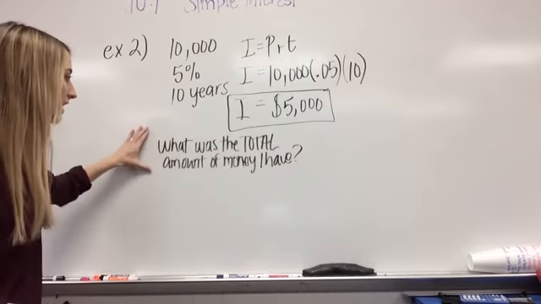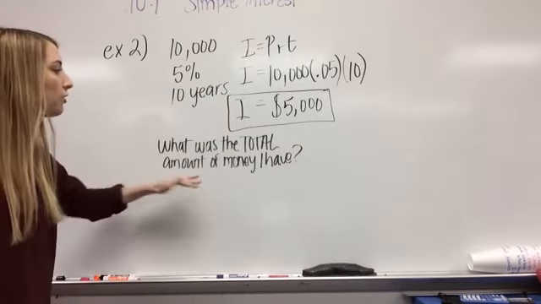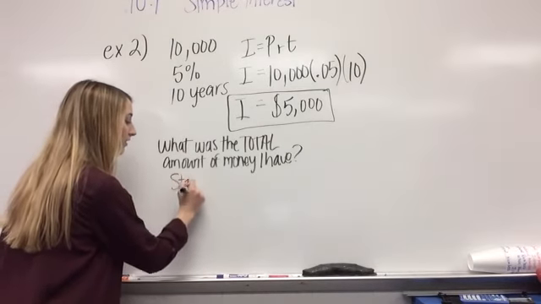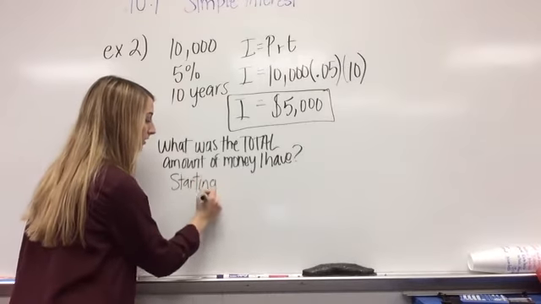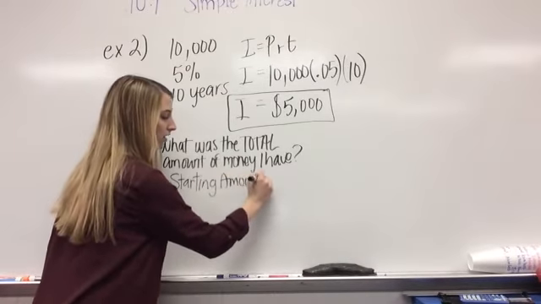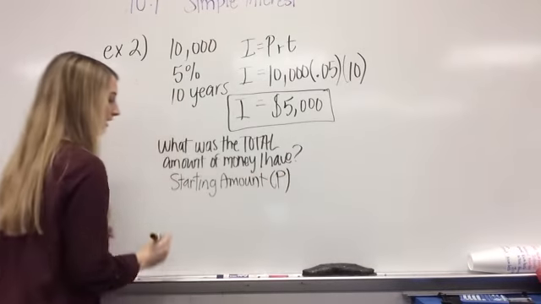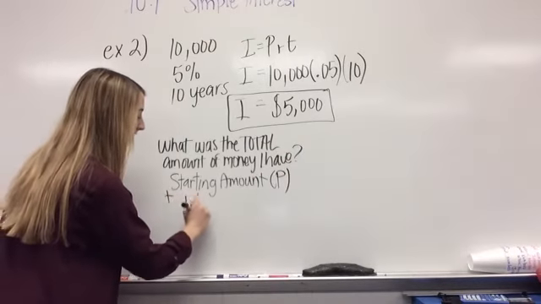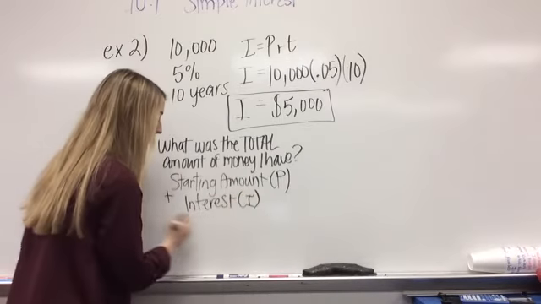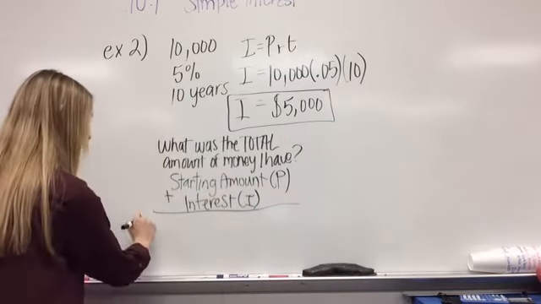This is my new question. I want to know what's the total amount of money that I have. Well, then I need to add my starting value, my principal, which is P, and then whatever I got for my interest. And that will get me my total.